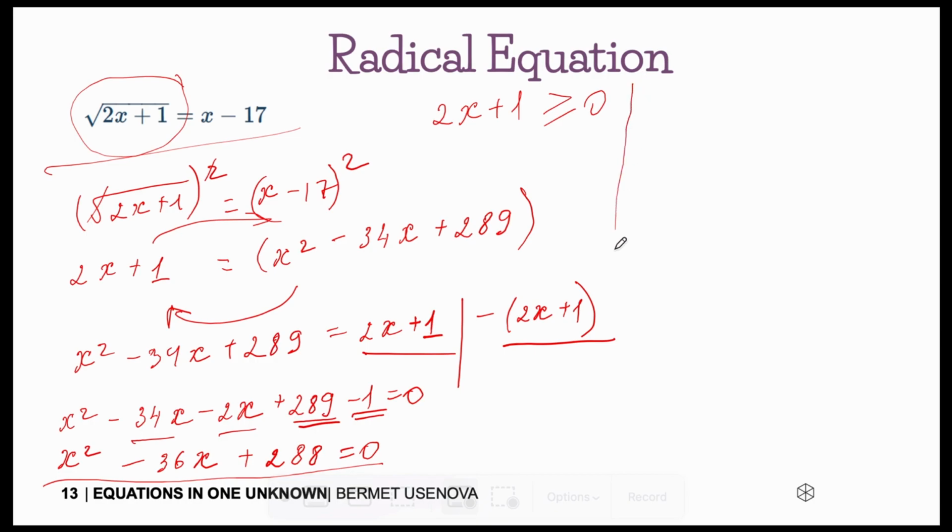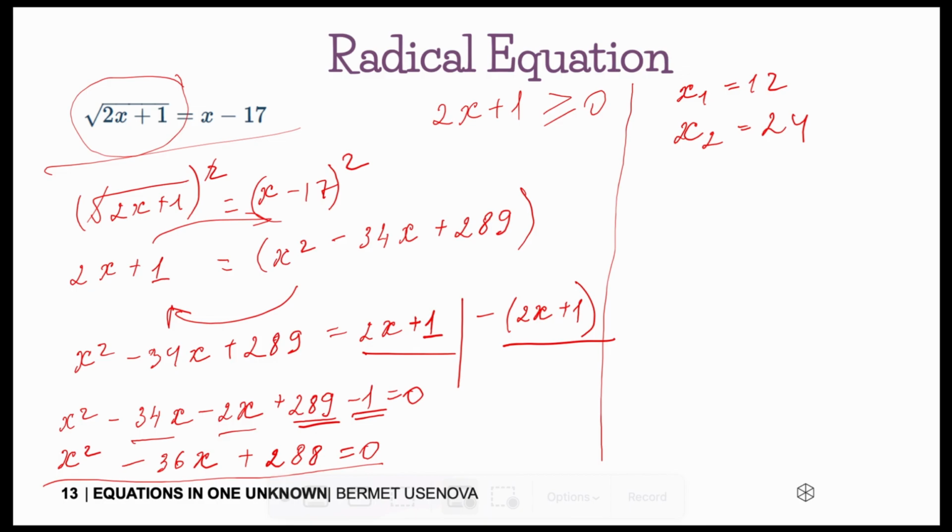Now we can continue. To save time, I will tell you the result. x1 will be 12 and x2 will be 24. At first sight, we would think that these are our solutions. But as I told you before, squaring both sides of the equation is not an equivalent transformation.